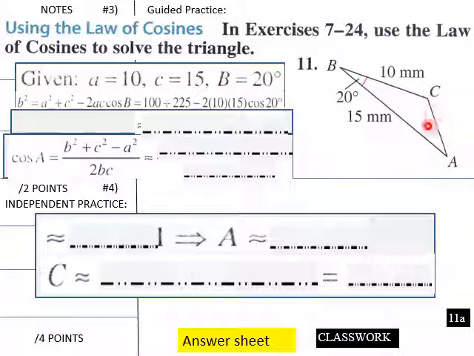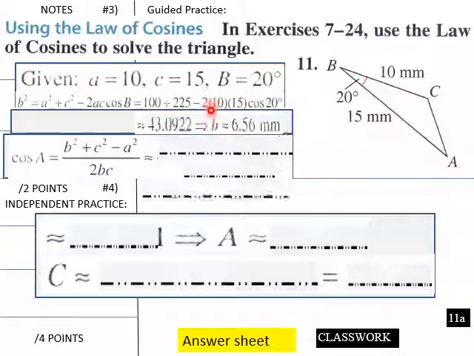To find that side, we use B squared equals A squared plus C squared minus 2AC cosine B. And then our plug-in here would equal 100 plus 225 minus 2 times 10 times 15 times cosine 20 degrees. So this is what we need to calculate right here.